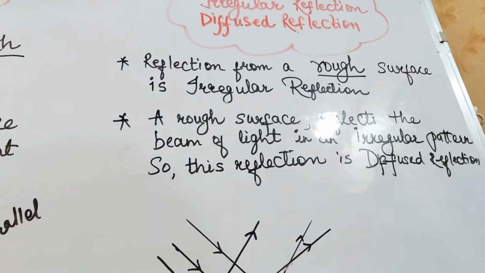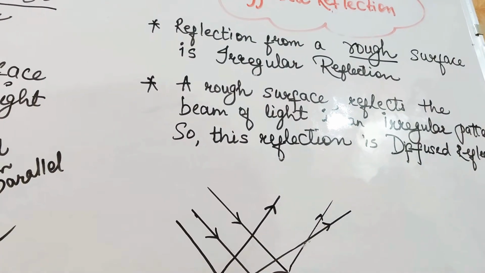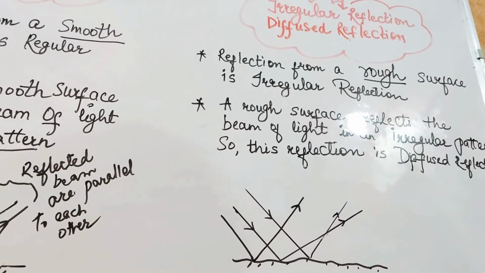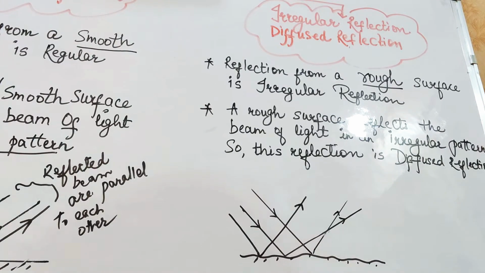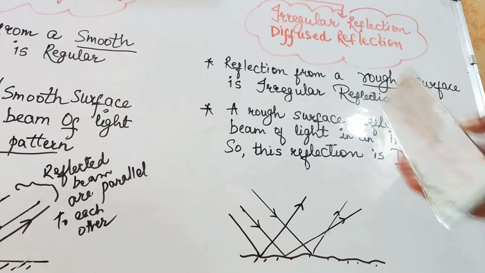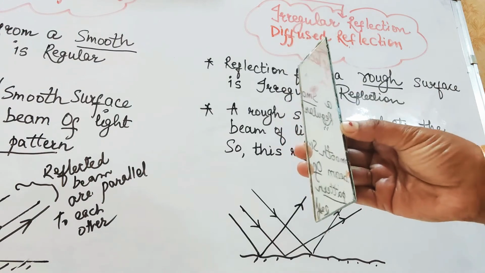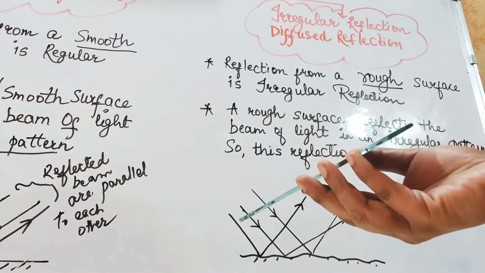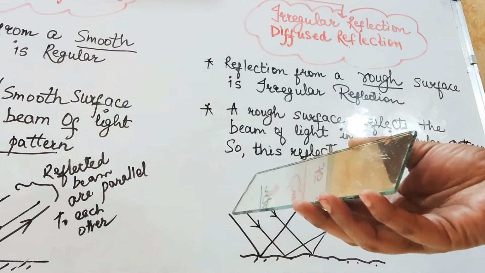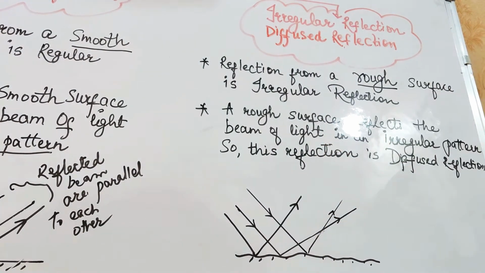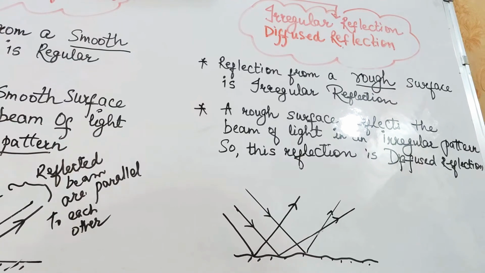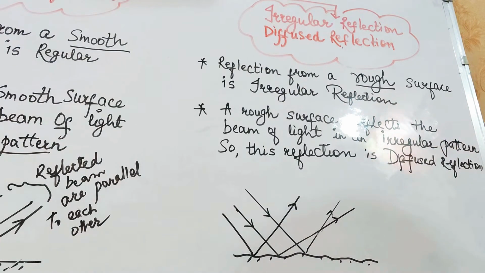When I was doing this activity, I just saw how in my room I could create a vibgyor, a regular reflection from a plane mirror. This is a plane mirror. We talked about it in our previous class. And this regular reflection is going to give a beautiful vibgyor on my screen.